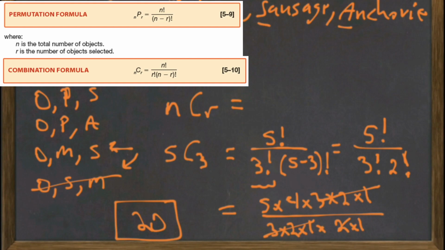It matters whether we care about the order or not. That's a word of caution as we move forward: those specifics really change our answer. In this case, it's 20 compared to 60, or 120. So just be mindful of what we actually care about.